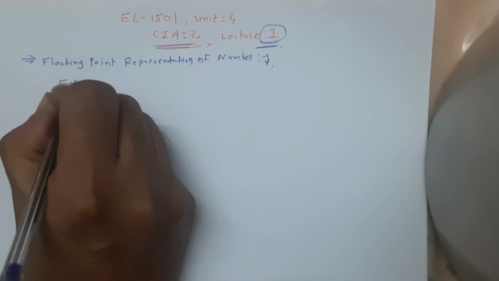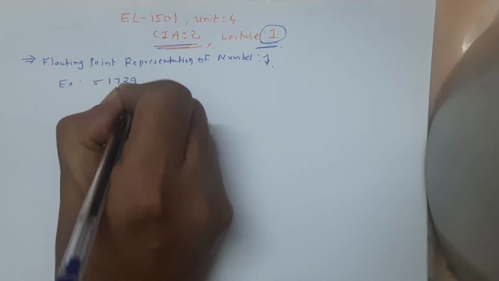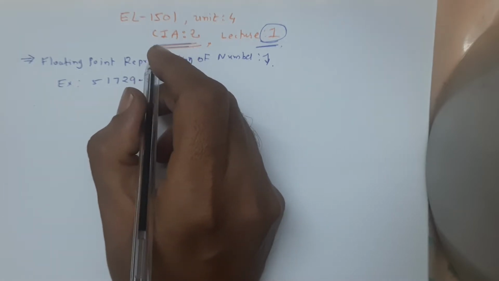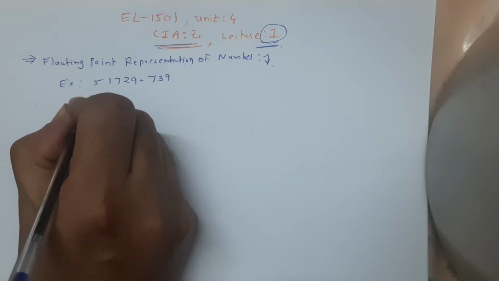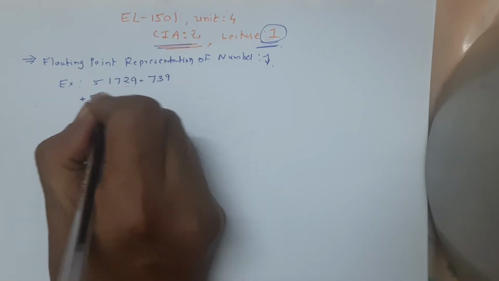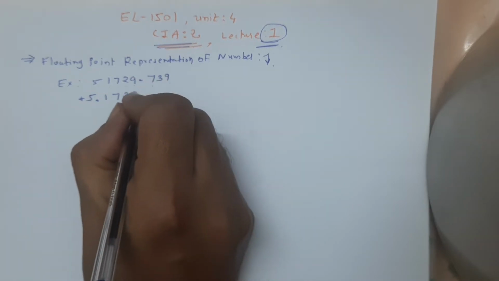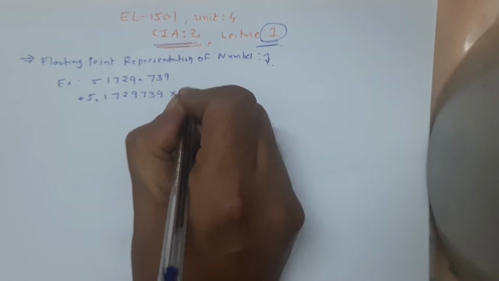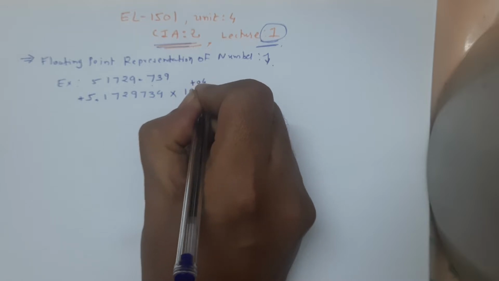Here we are taking the example of the decimal number 51729.739. It is represented in scientific notation as plus 5.1729739 times 10 raised to plus 04.